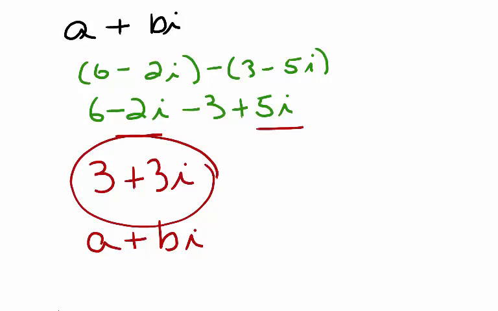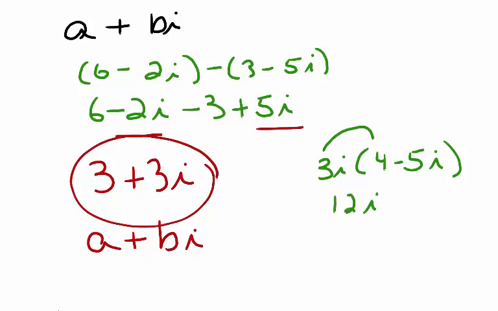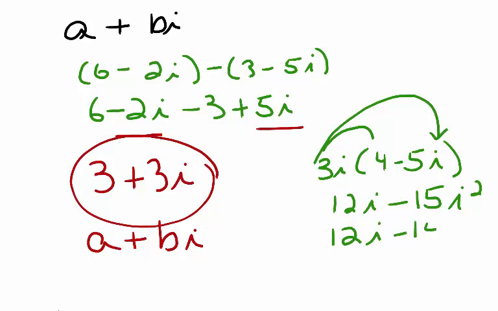Now suppose you were asked to multiply 3i times 4 minus 5i. We would use the distributive property. 3i times 4 equals 12i, and 3i times negative 5i equals -15i squared. i squared is equal to -1, so I would rewrite this as 12i minus 15 times -1, which becomes 12i plus 15.